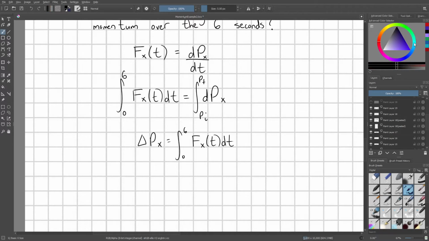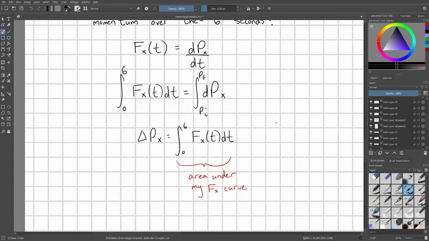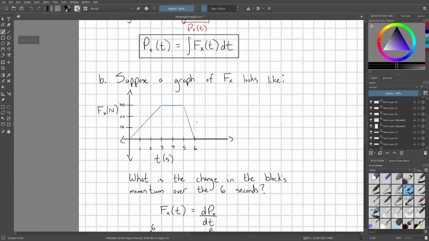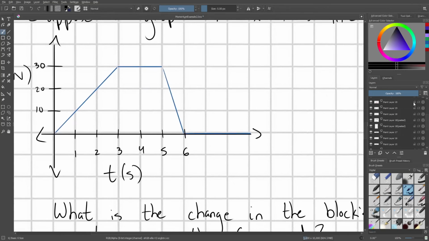And then all I need to do now is solve this integral here on the right. And remember, the definition of what a definite integral is, that's just the area under my curve between points t equals 0 to t equals 6. So let's go back to my curve and let's figure out what that area is.